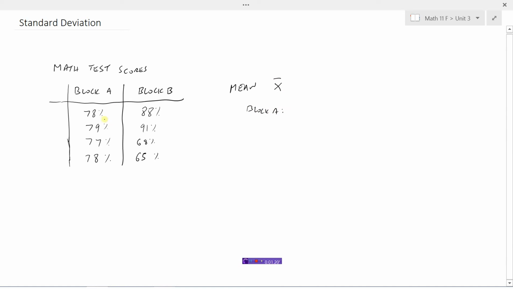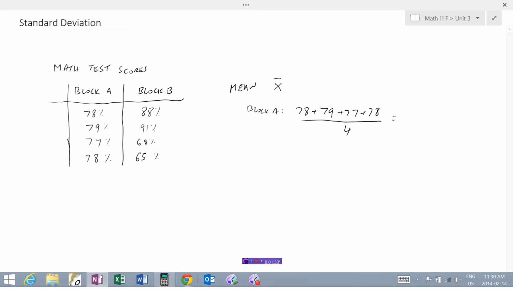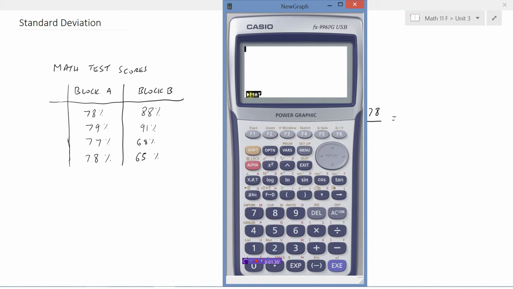Remember, to find the mean, we would add all these up and divide by how many that we have. So we're going to divide by 4. So let's go to the calculator and figure out what the average is for this class.